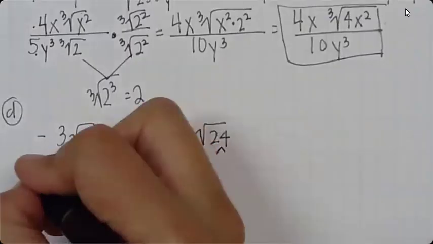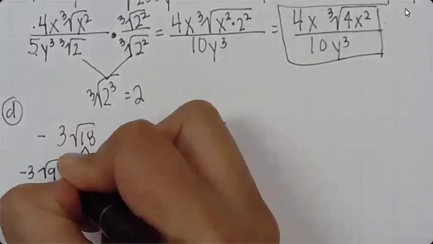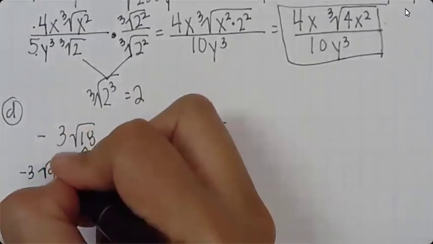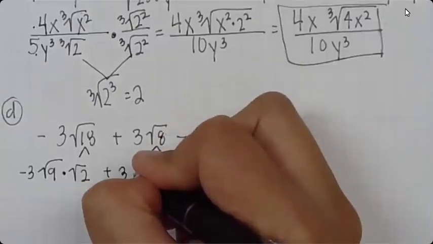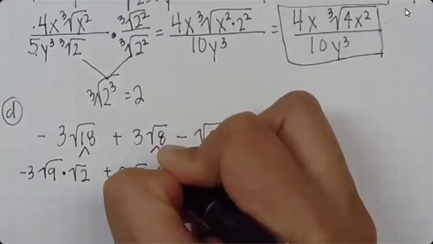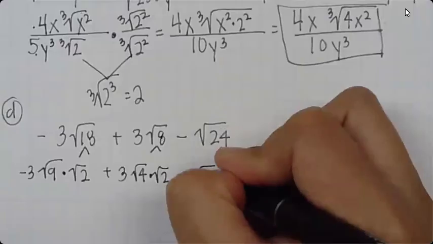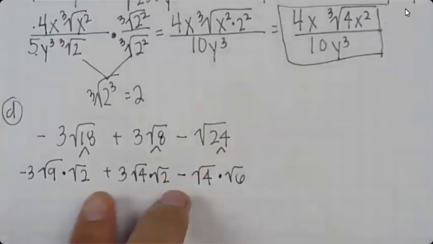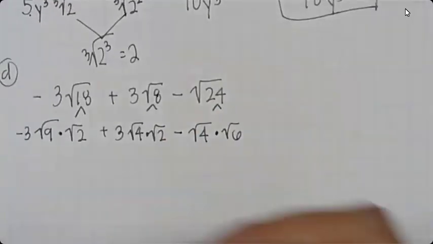When I do that, I get -3 square root of 9 times square root of 2, because 18 is 9 and 2, and 9 is a perfect square. Plus 3, 8 has a perfect square of 4, square root of 2. Minus, again, there's the perfect square of 4, square root of 6. I'm splitting them up into perfect squares that I can take out.